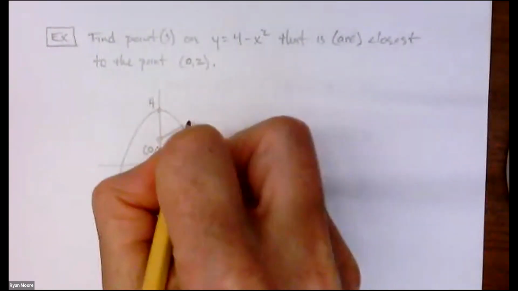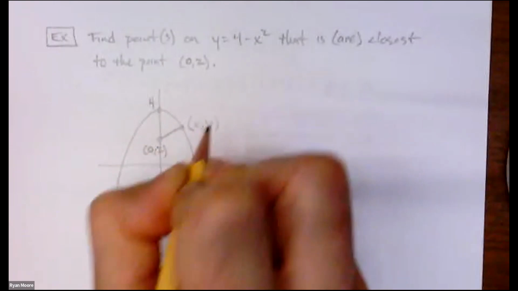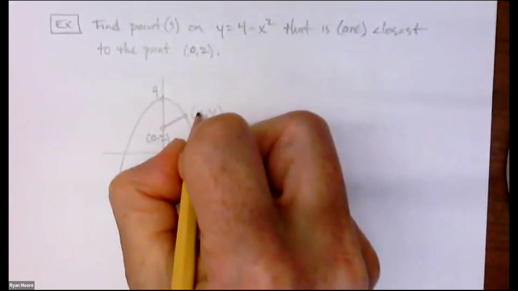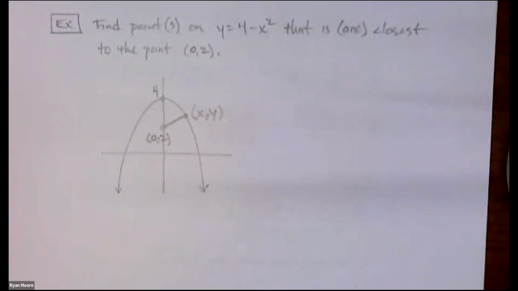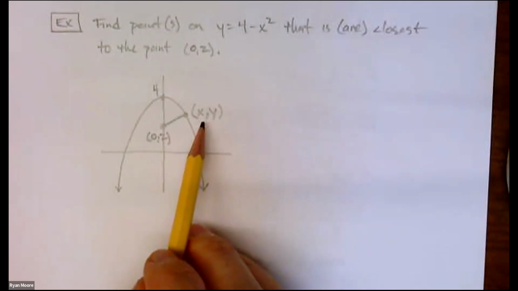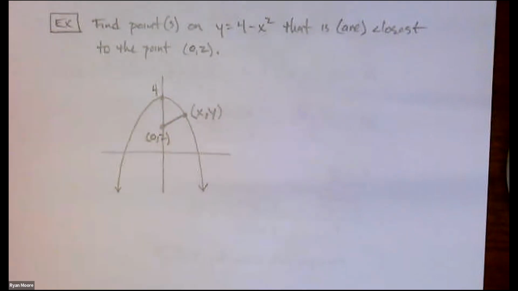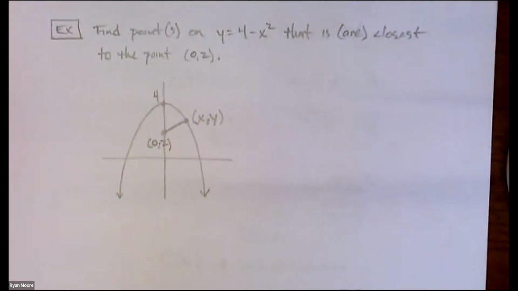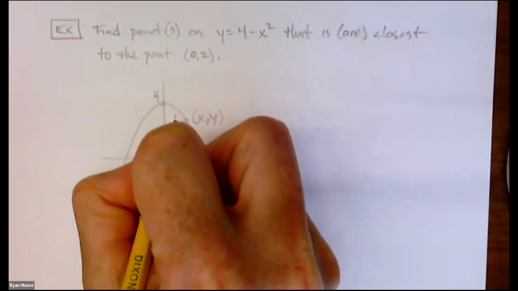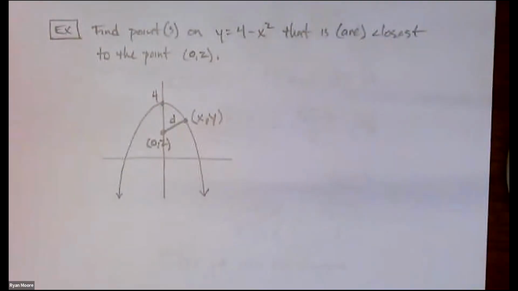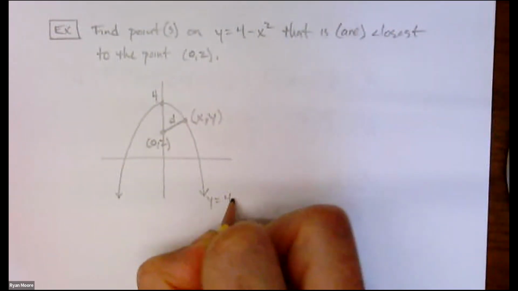Let's label the point, like in the last one, as x, y. Okay, I think that's better. We're going to try and figure out where that point is, x comma y. What we're trying to optimize here, we're actually trying to minimize, is this distance between them. We'll call it d. And of course, this is y equals 4 minus x squared.